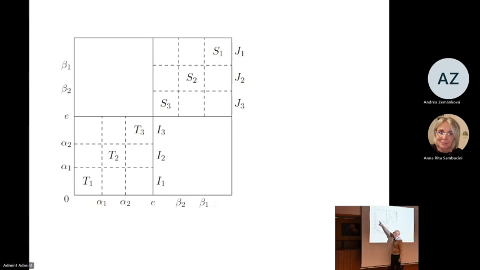This means in these segments we have only these values alpha 1 and alpha 2. And this means also that in this part, when we are within this subrectangle, then we have there only elements from this interval alpha 1, alpha 2.